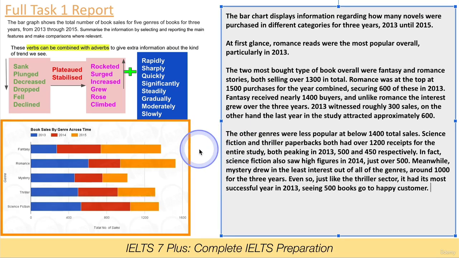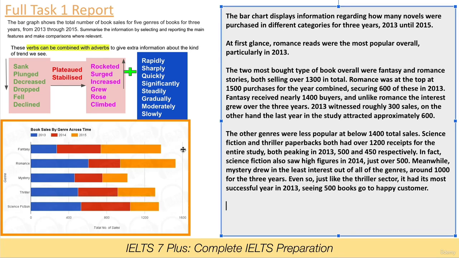Okay, let's read this back and see how it's sounding. The other genres were less popular at below 1,400 total sales. Science fiction and thriller paperbacks both had over 1,200 receipts for the entire study, both peaking in 2013, 500 and 450 respectively. In fact, science fiction also saw high figures in 2014, just over 500. Meanwhile, mystery drew in the least interest out of all the genres, around 1,000 for the 3 years.